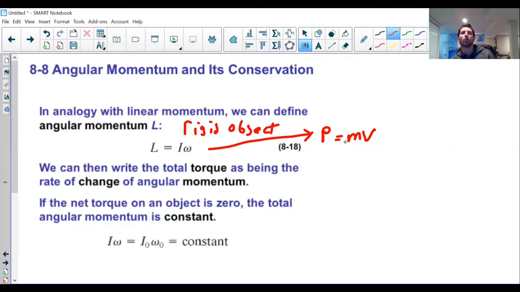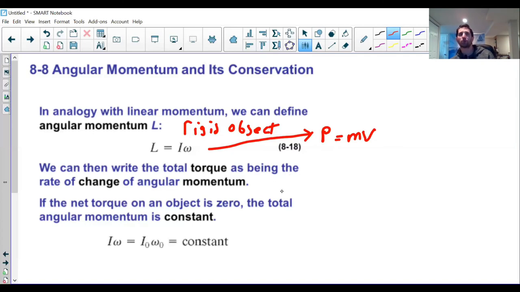Okay, we'll spend some time talking about calculations, but the two big ideas that are going to be hit the rest of this week are these. We can write the total torque as being the rate of change of angular momentum. So if something changes its angular momentum, it's because there's a torque acting on it.